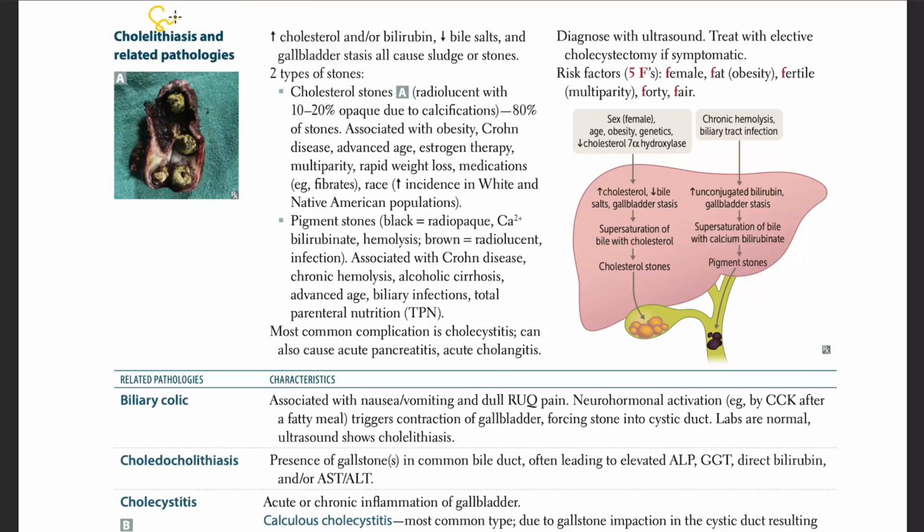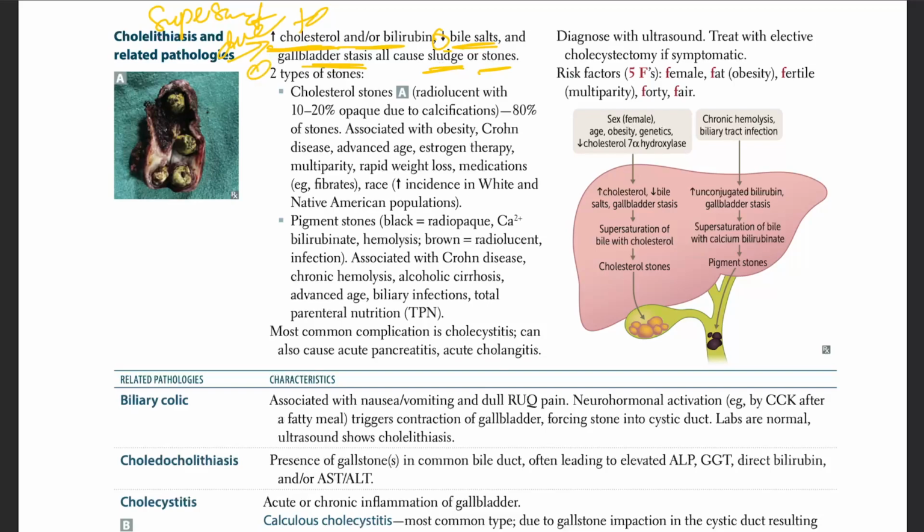There is a supersaturation due to either one or more than one of these things. So supersaturation due to an increase in cholesterol and/or bilirubin, or a decrease in bile salts, and gallbladder stasis, all cause sludge or the stones.